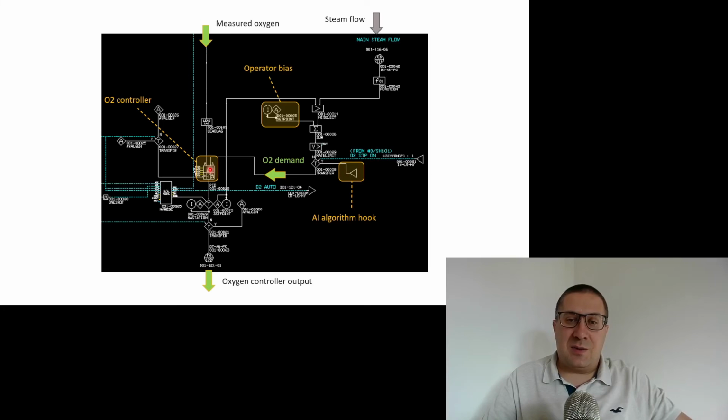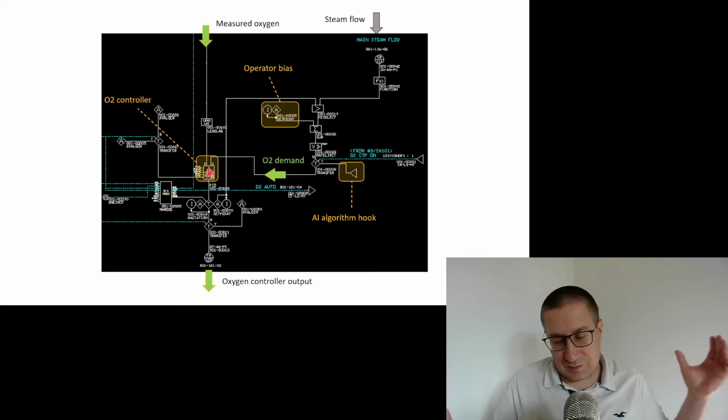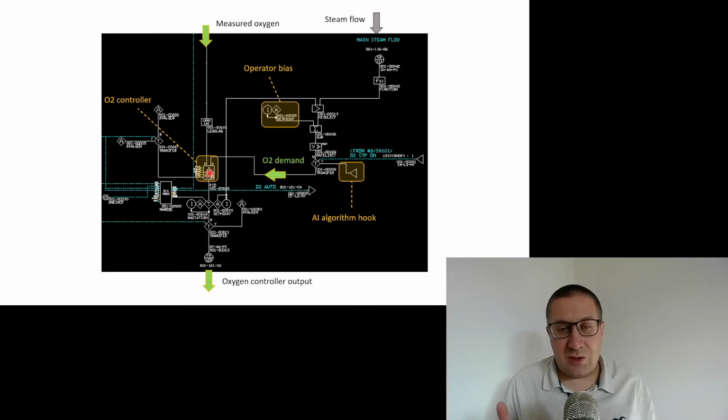All right, so now the PID controller tries to find such a value of the control signal so that the measured oxygen equals the demand. And once again, the idea behind the PID controller will also be discussed in the next video.